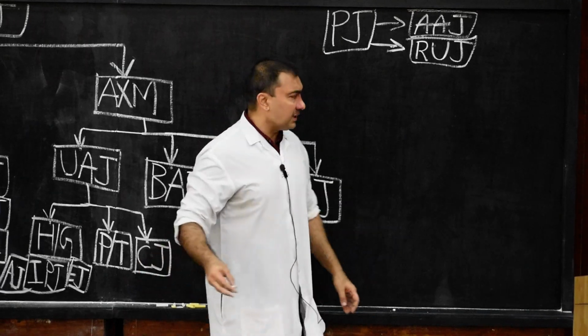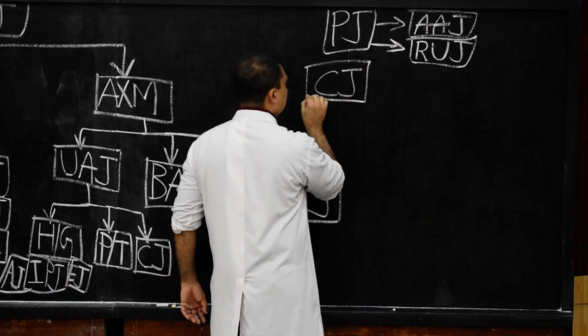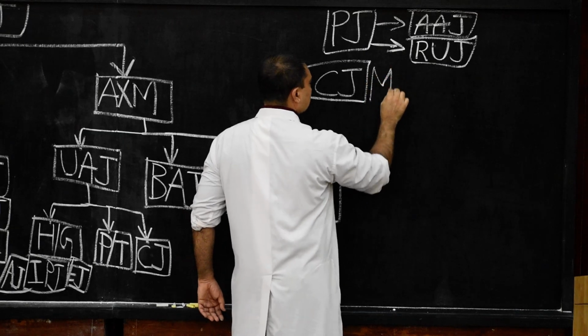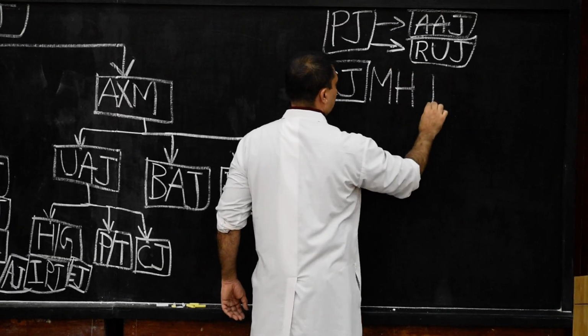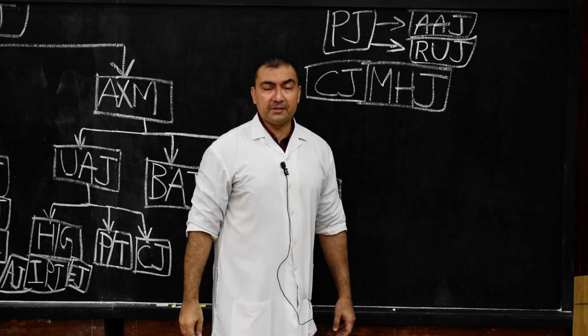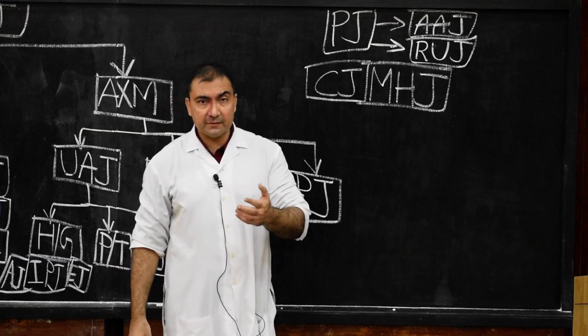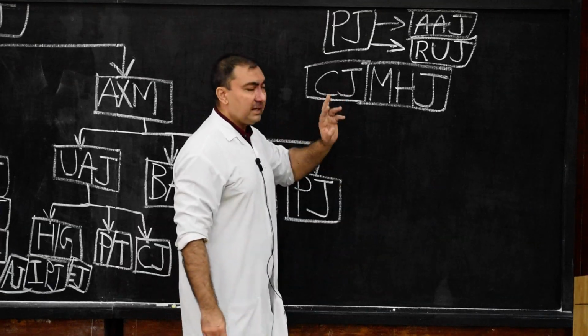These condylar joints are also known as modified hinge joints. Sometimes you get a 1 mark question or MCQ: what are modified hinge variety of synovial joints? They are nothing but condylar joints.